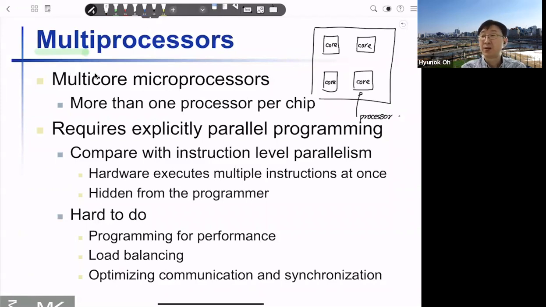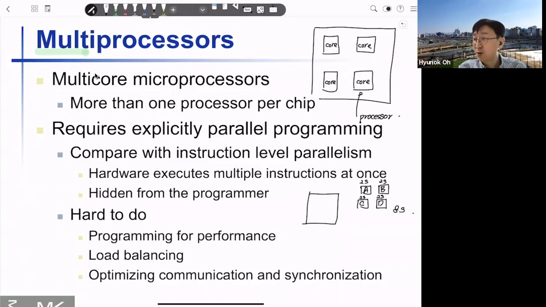So the benefit of this is, if you have a single core and you have to run 4 programs A, B, C, D, and each one takes 2 seconds, the total time is 8 seconds, right?